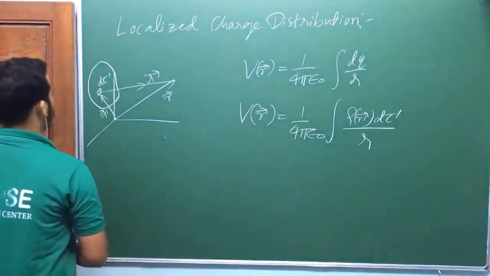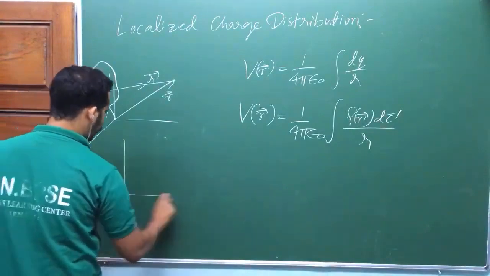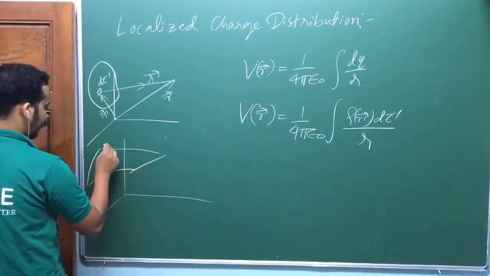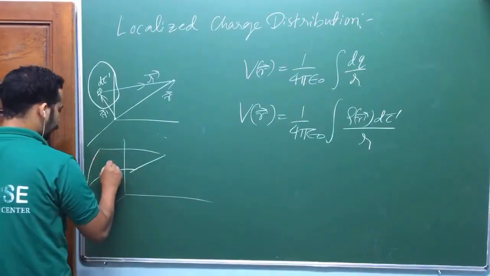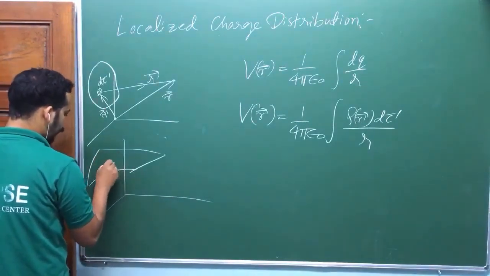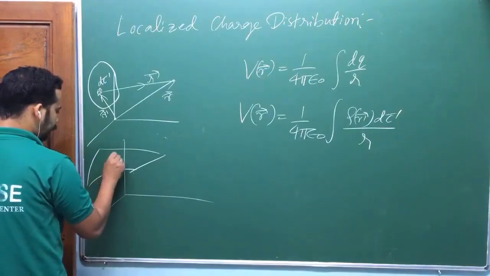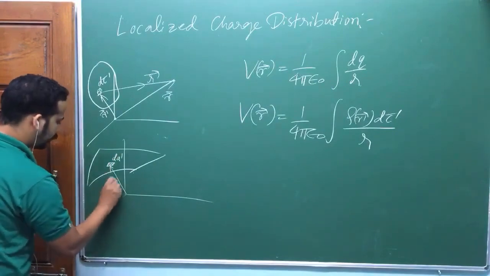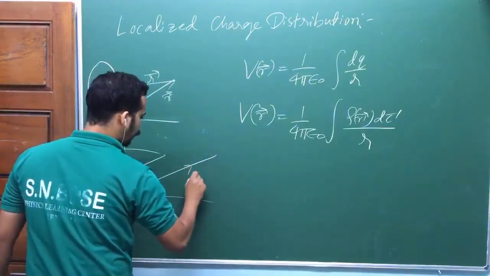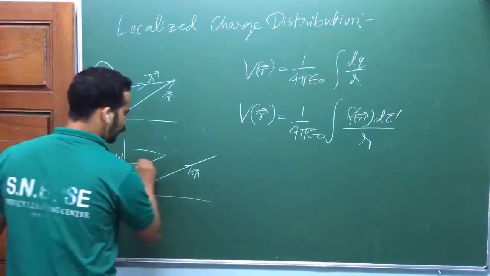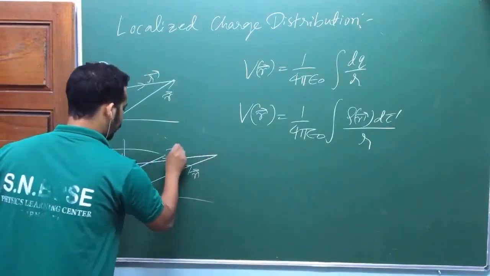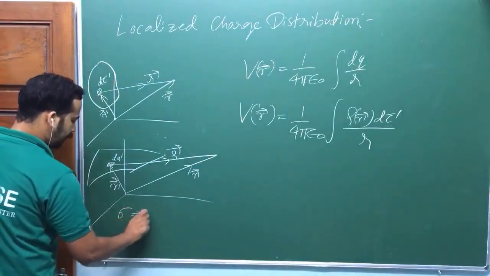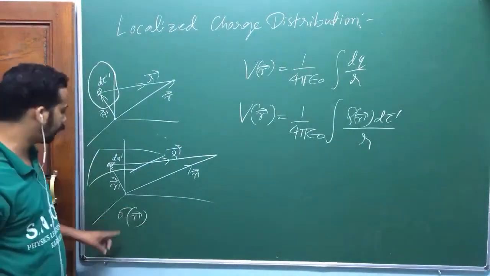Suppose you have a surface charge distribution, a surface here, where you define sigma of r prime. You define a small patch of area dA prime at a distance r prime from the origin, and this is the point where I wish to find the potential. This is italic r, and sigma of r prime, the surface charge density, may be a function of r prime.